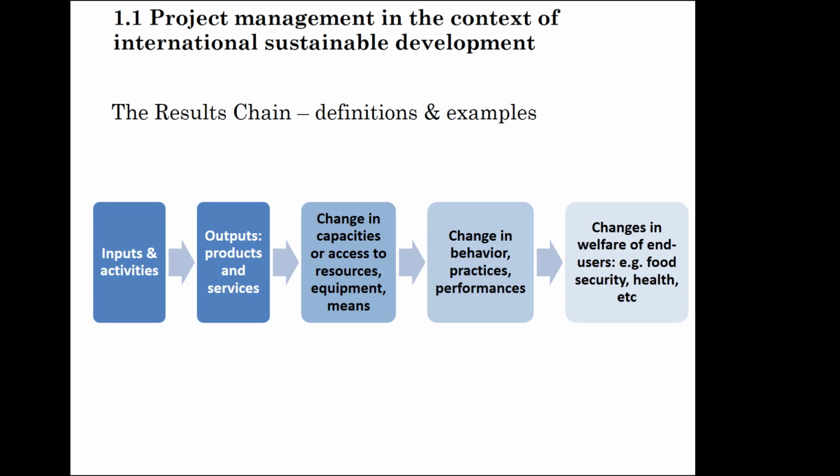The others are more directed to behavioral practices, acceptance of technologies, performances, increasing productivity, increasing water use efficiency, etc. So these are basically the two blocks of outcomes that mostly appear in development projects in the global south.